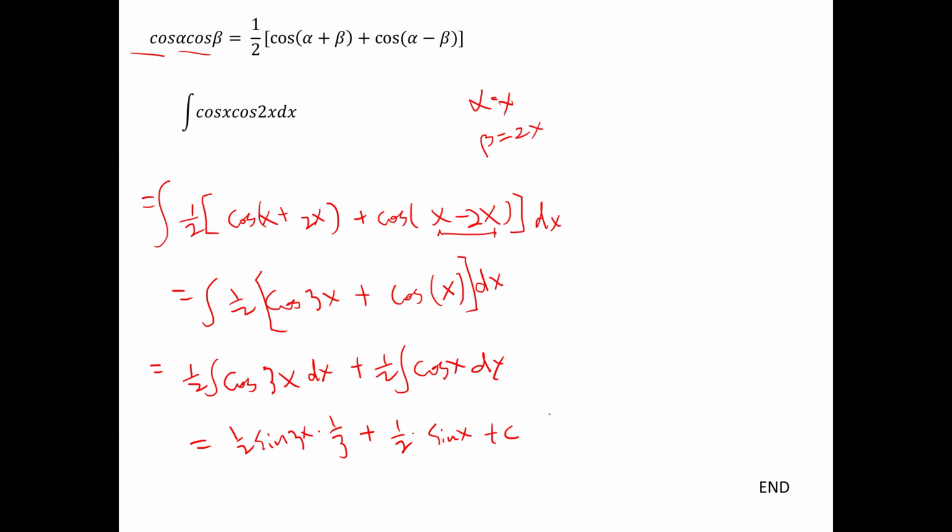Okay, so this is my answer. You surely can multiply this into 1/6, but it's fine, I put it here. Okay, so pretty straightforward, and just find alpha, beta, and apply in, rewrite, solve it. So okay, this is this part.